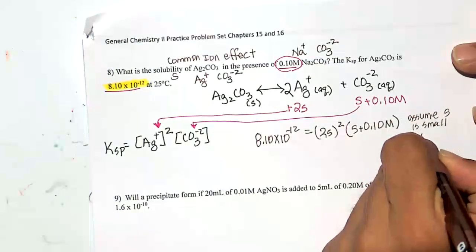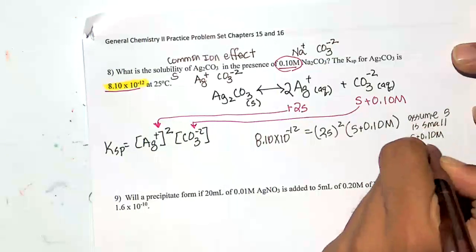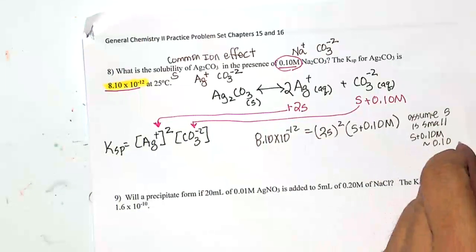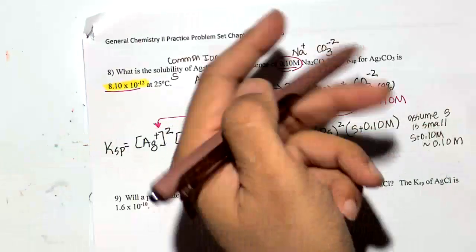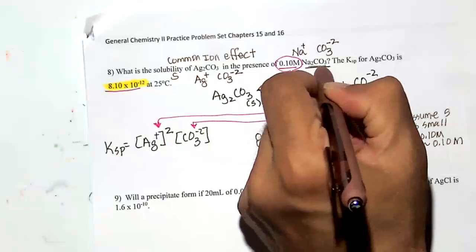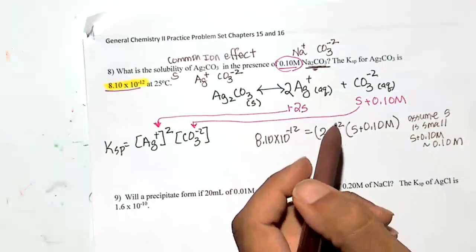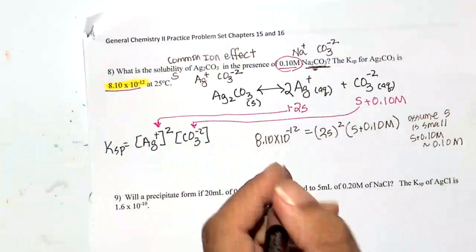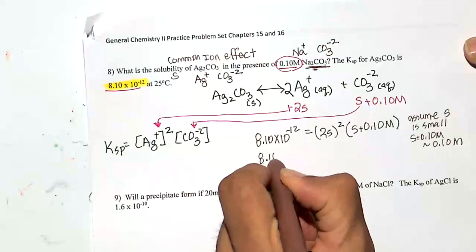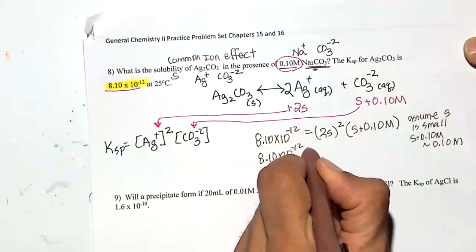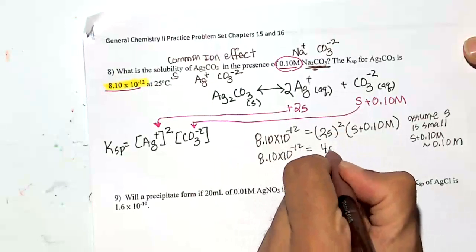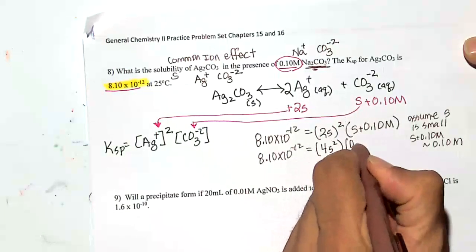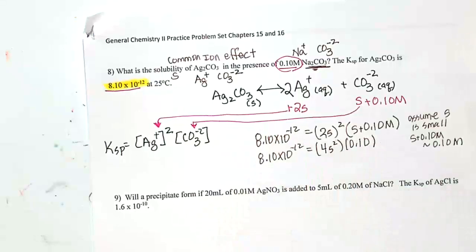When we assume S is small, S plus 0.10 molar is about 0.10 molar, which means most of the CO3 2- is coming from the common ion. Some, but not a lot, is coming from this back reaction. So this becomes 8.10 times 10 to the minus 12 equals 4S squared times 0.10.